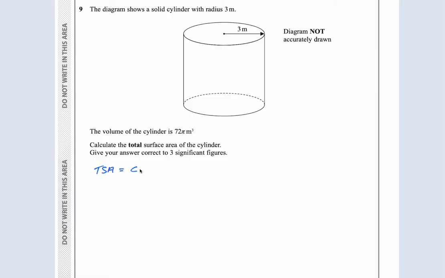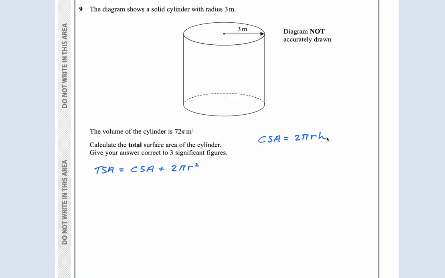It is equal to the curved surface area plus 2 circles, which is 2 times pi r squared, because the area of a circle is pi r squared. Now how do I get the curved surface area? Well, I told you there was a formula there, it's 2 pi r h.